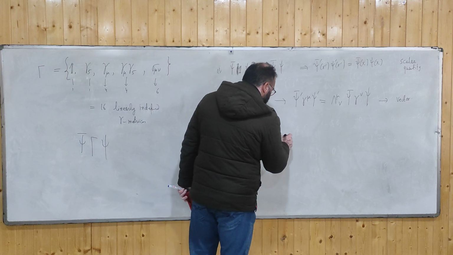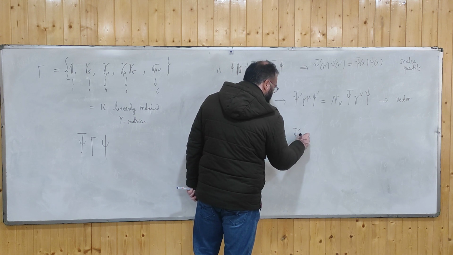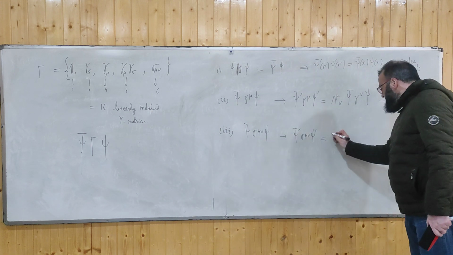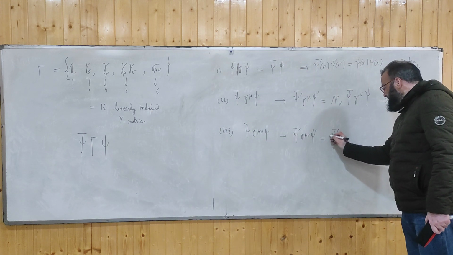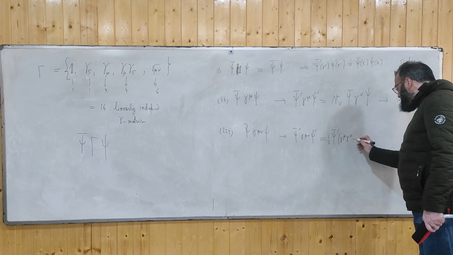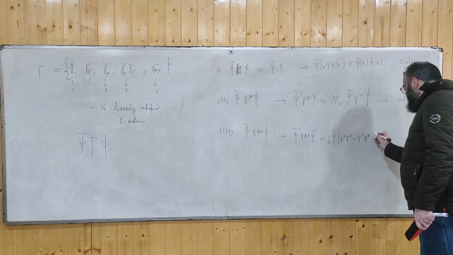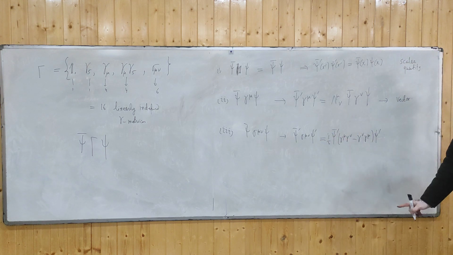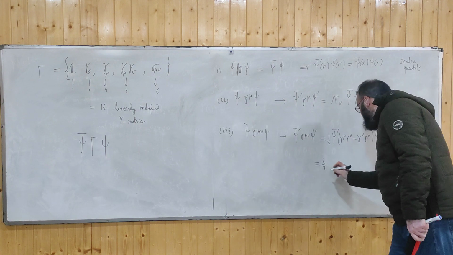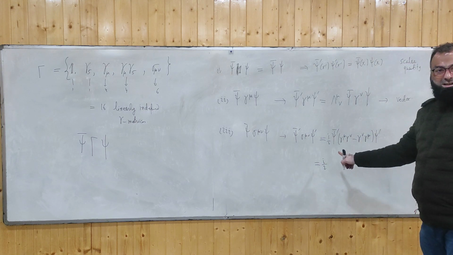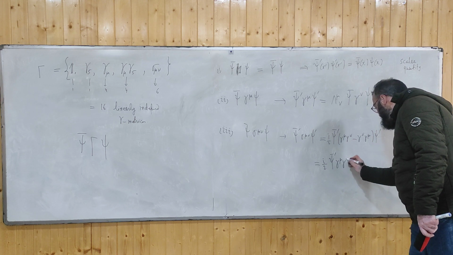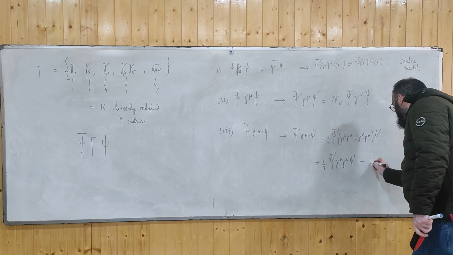So let's take it. It goes as psi bar prime sigma mu nu psi prime. Clear? So what is that equal to? It's actually psi bar prime, and sigma mu nu is i by 2 times gamma mu gamma nu minus gamma nu gamma mu, then psi prime. Clear? Sigma mu nu is like this. So let me take only one term: psi bar prime gamma mu gamma nu psi prime, minus the term where mu and nu are interchanged.